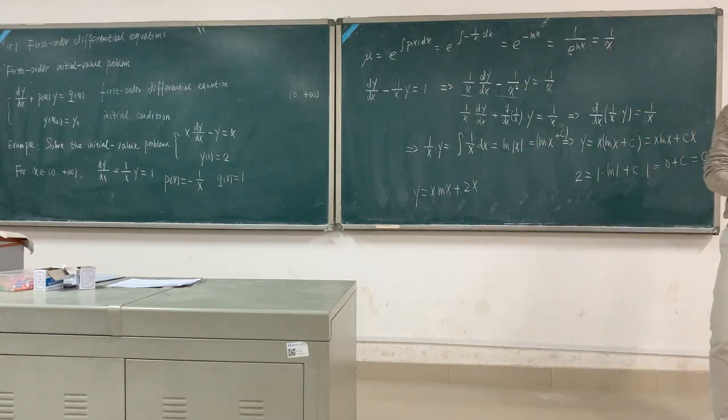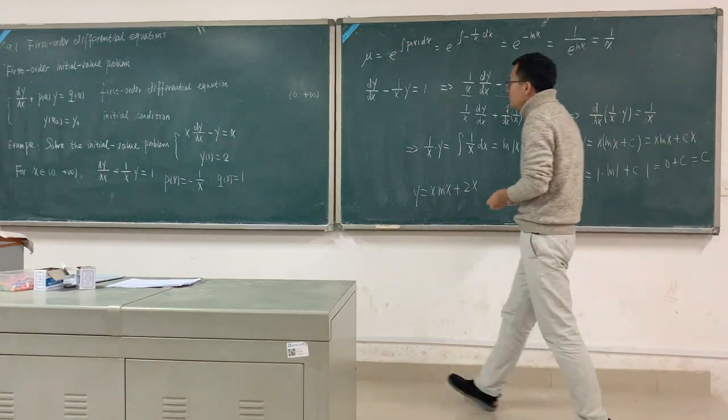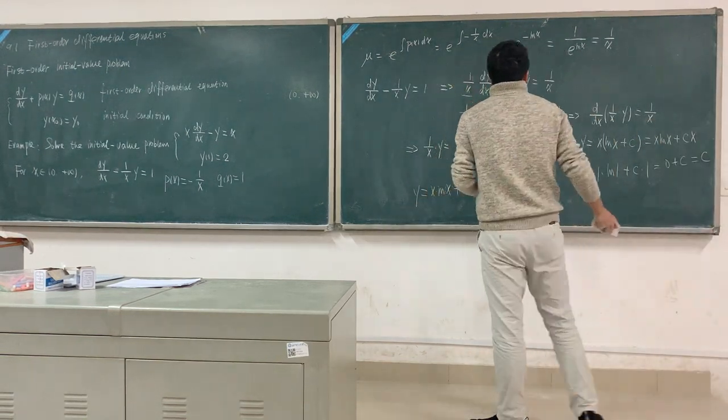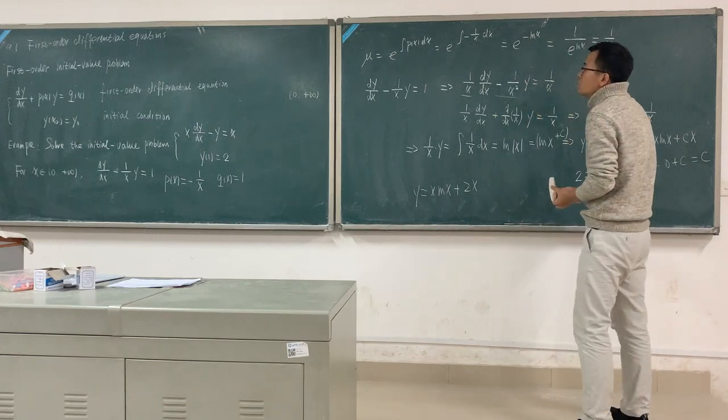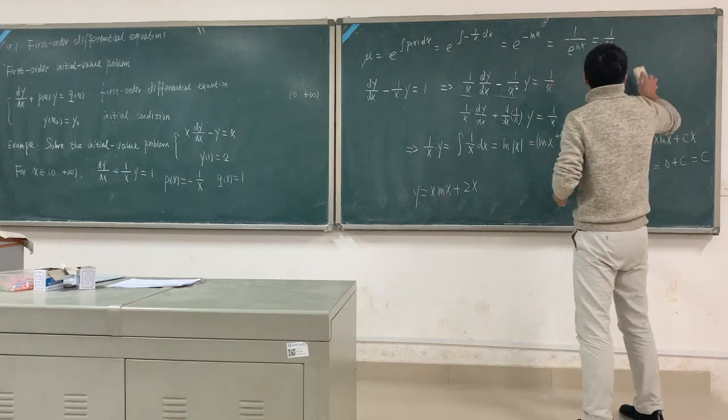I hope that you can remember the steps. If you cannot remember the steps, okay, but I hope that you can remember the formula. So now I give you the formula.